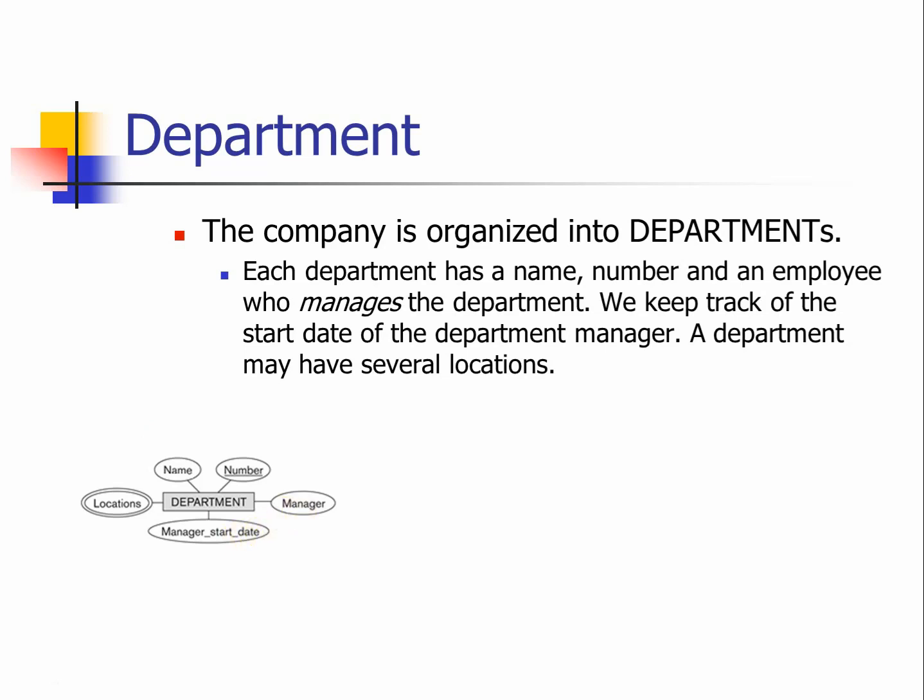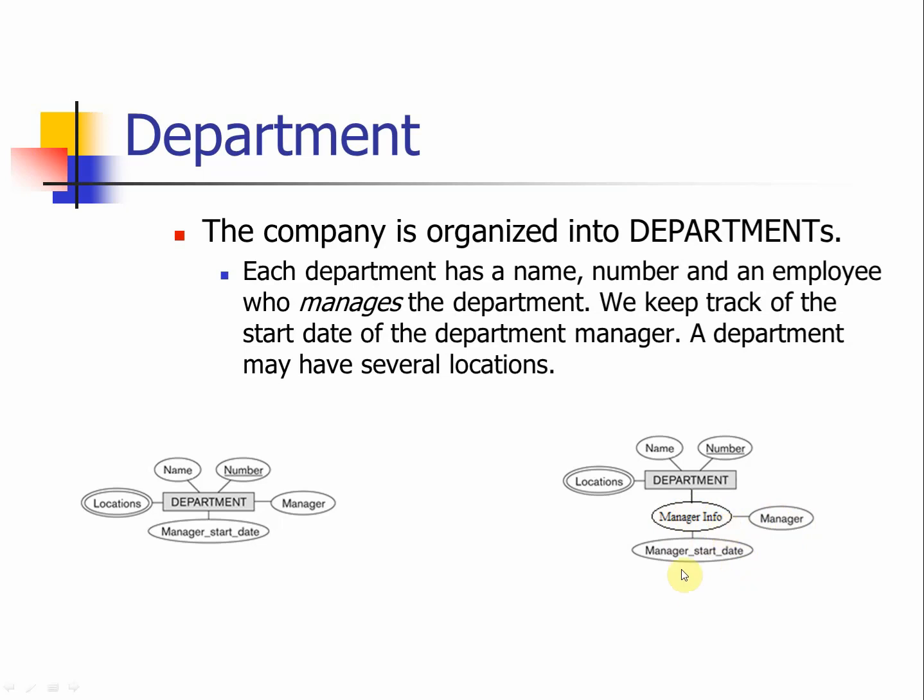So how do we handle that? We can handle that through the other choice by creating a composite attribute that connects the two things together. And therefore, as we discussed earlier, manager plus manager start date equals manager information. So we basically create an additional attribute to hold those two things, making sure they represent the same thing. So this is actually a better choice to represent the information over here.